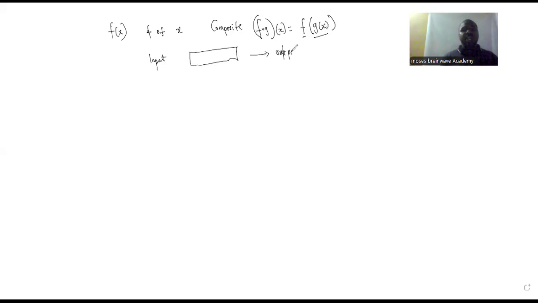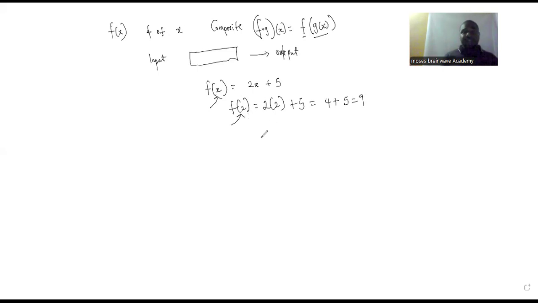So we should always put this in mind that, for instance, if I define my function to be equal to 2x plus 5, then f of 2 is just going to be 2 times 2, then plus 5. This is 4 plus 5, which is 9, because anywhere I see x, I replace it with 2. That is what this simply means.